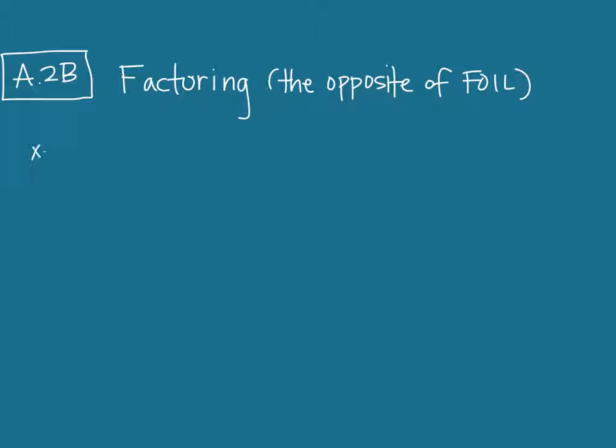All right, so let's compare the two. In FOIL, we are getting rid of parentheses. We do that with a series of distributing, but the whole goal of FOIL is to get rid of them.